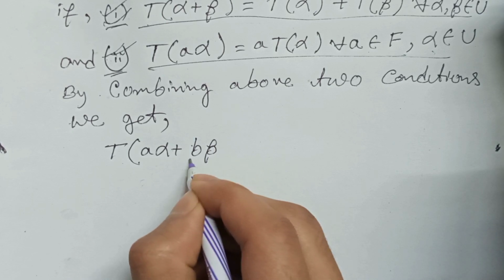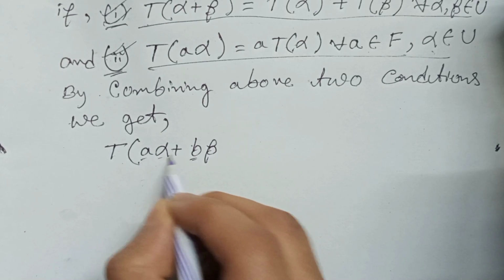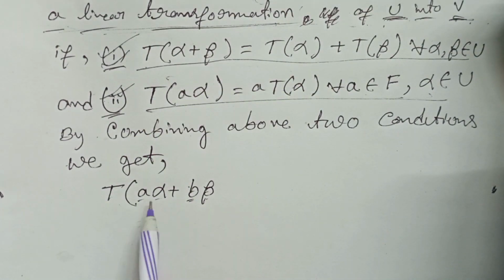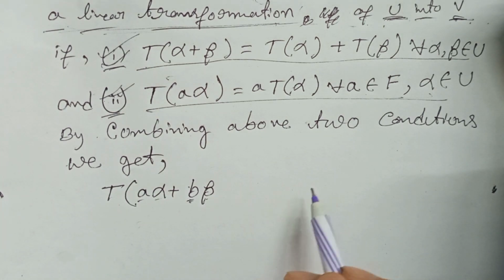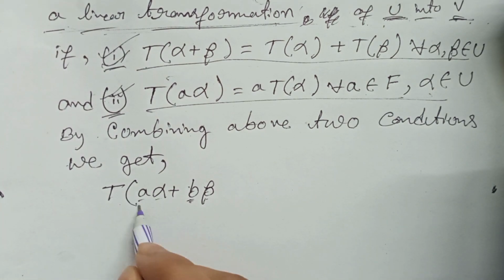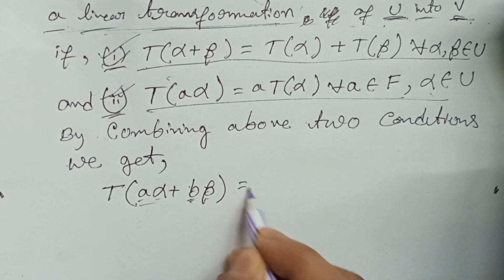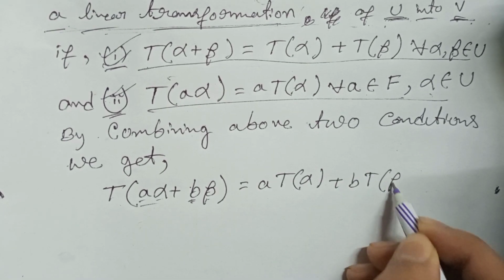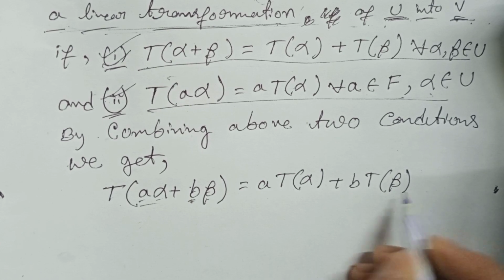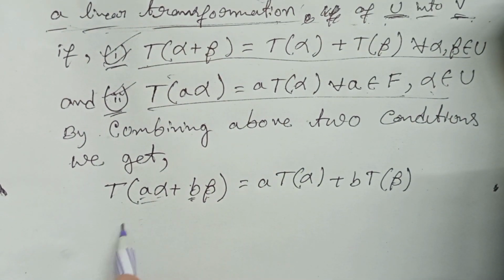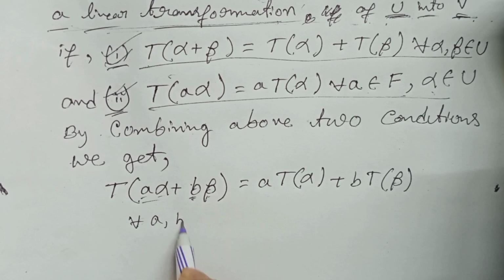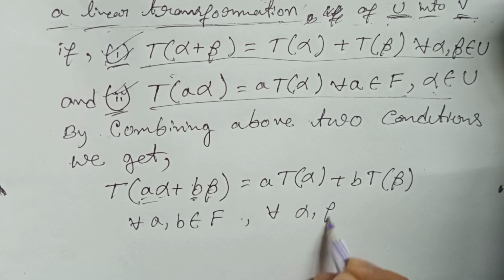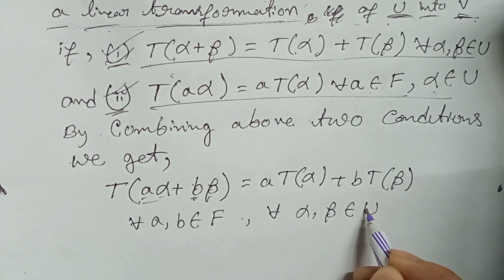Here we get a new term b. Those a, alpha, beta are familiar from the above two, and here we get a new term b, which we will define later. Now T(a alpha plus b beta) equals a T(alpha) plus b T(beta), for all a, b belonging to the field F, and all alpha, beta belonging to the vector space U.